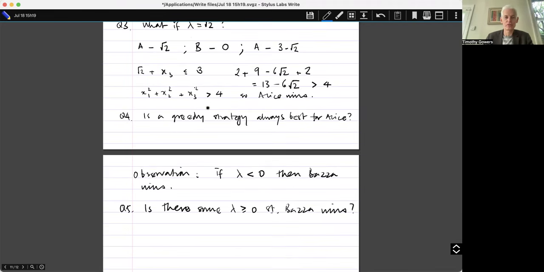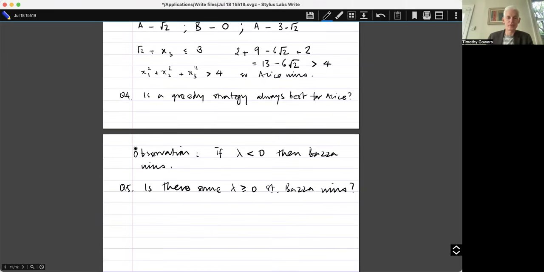So actually the answer to this is yes. Bazza wins if lambda equals 0. And it was fairly obvious that that argument was going to work even for some lambdas bigger than 0.